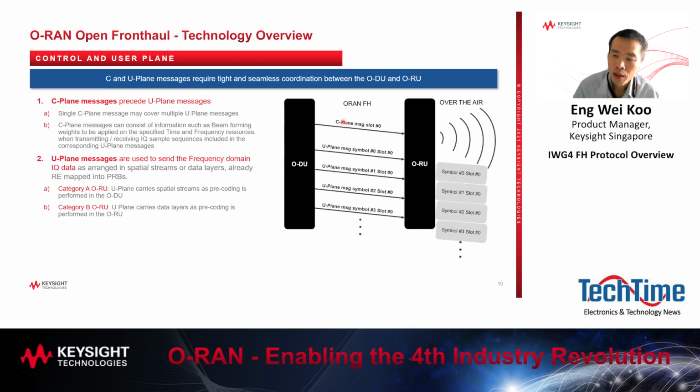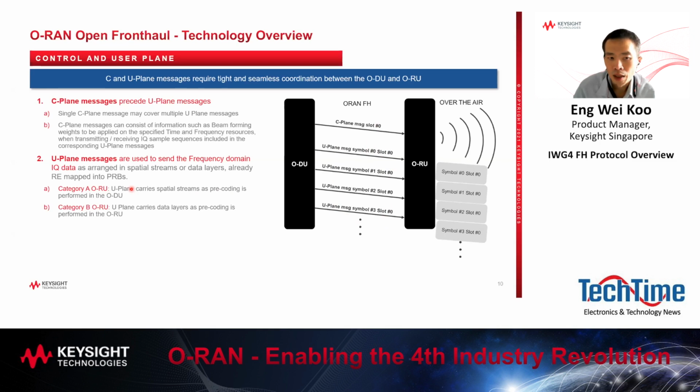The ODU would basically send a C-plane message and say, well, for all these U-plane messages that need to be transmitted for symbols 0, 1, 2, 3 over slots 0, 1, 2. So these are basically the air interface time division multiplexing information that you need to send across the air. The C-plane message will contain the information that you need to apply over the U-plane message, especially on the 3GPP payload, right? So that's really important. This has to be coordinated.